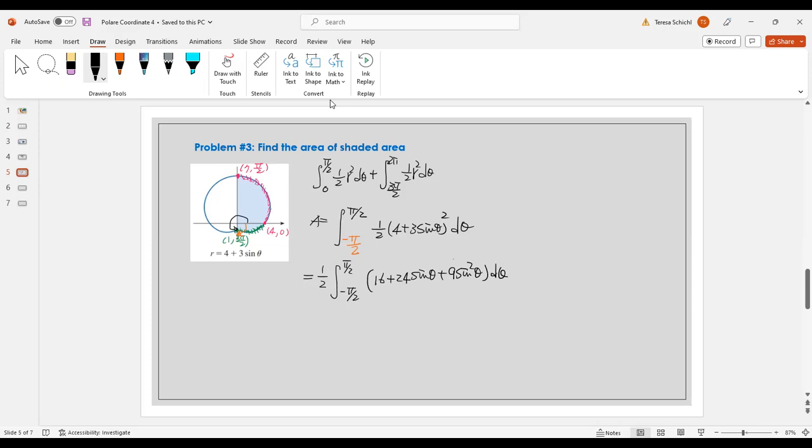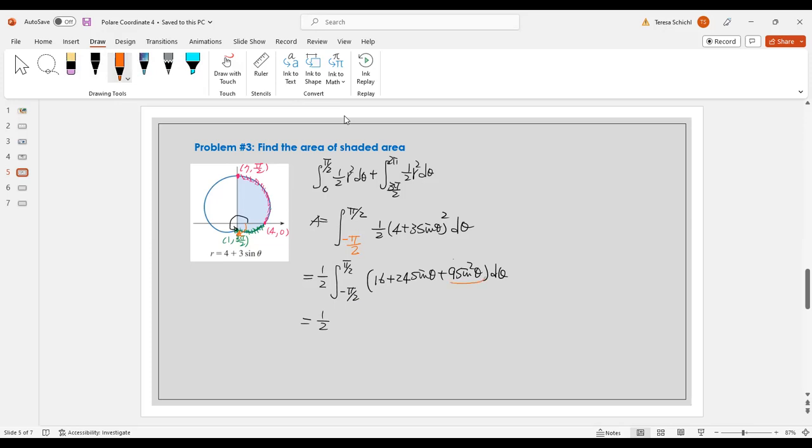And then you can just take the integrations. So this will be 1/2, then negative pi over 2 to pi over 2.